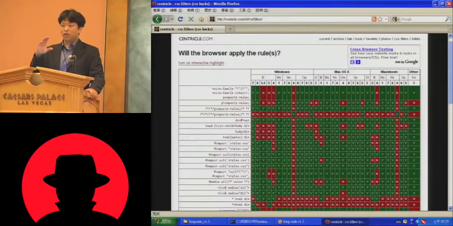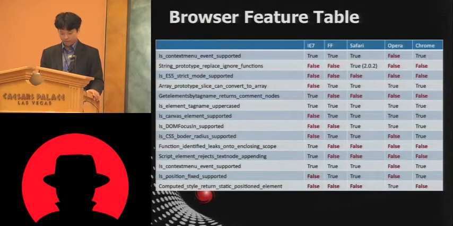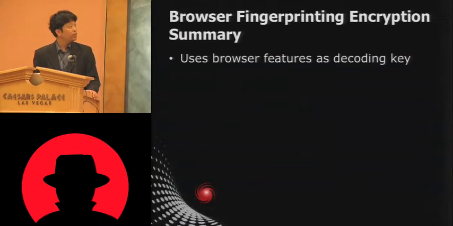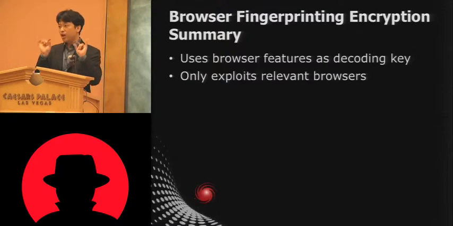We built code that can very precisely fingerprint which browsers are actually running the piece of JavaScript. We've implemented these functions, which use browser features, and each checker actually generates 1 bit of the key.